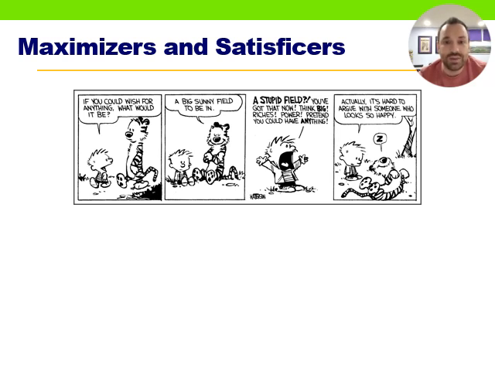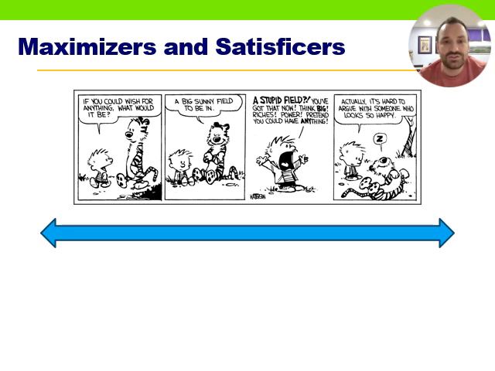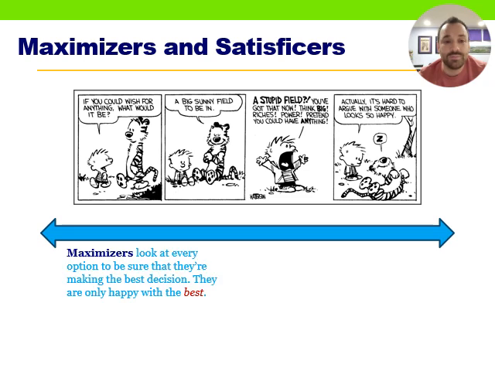Our first example looks at this sort of personality trait called maximizing versus satisficing. So these two concepts kind of fall on a spectrum, right? Most people are either more of a maximizer or more of a satisficer, and then other people might fall somewhere in between. A person who is a maximizer, when they're making a decision, is the sort of person who looks at every available option to make sure that they're making the best choice.